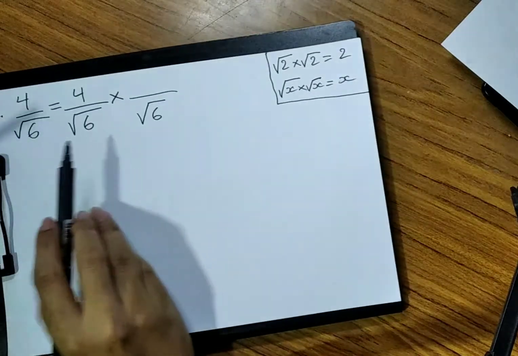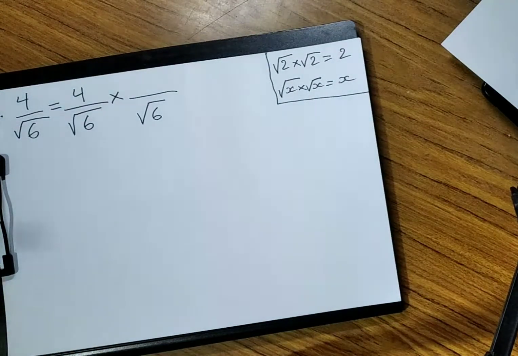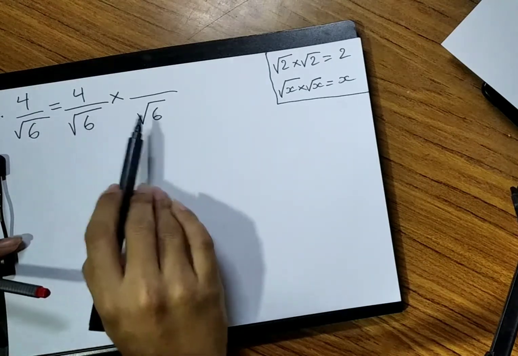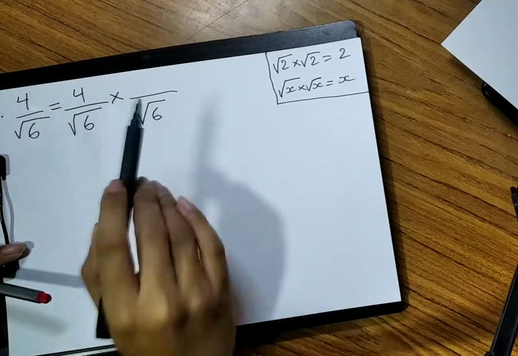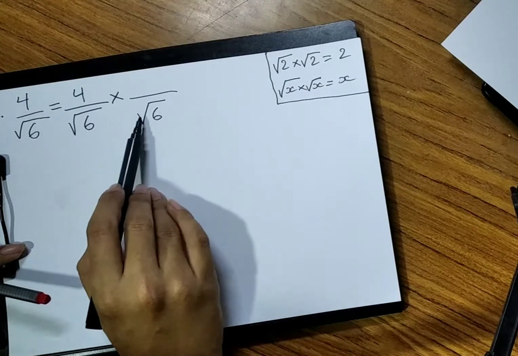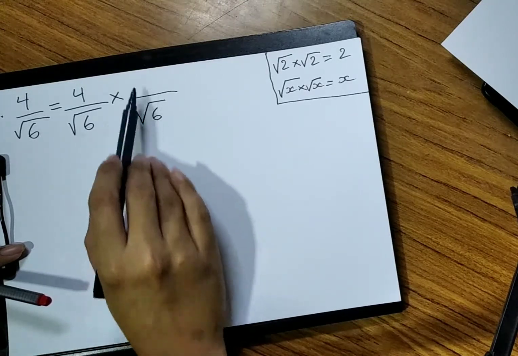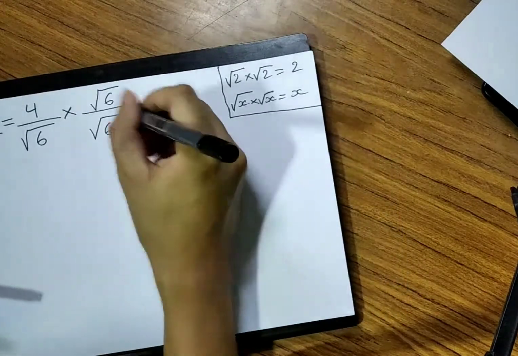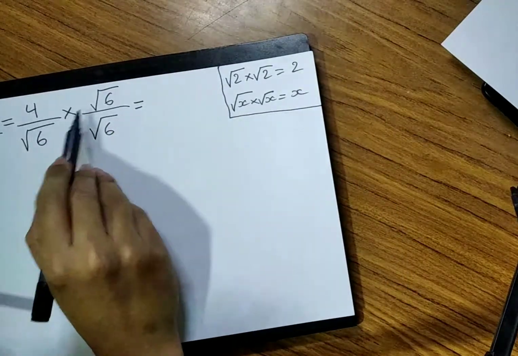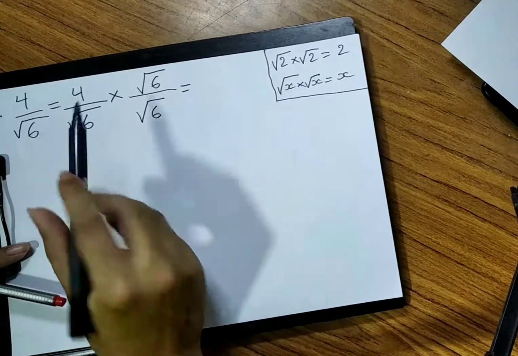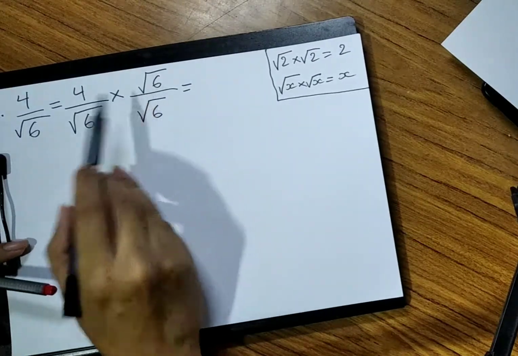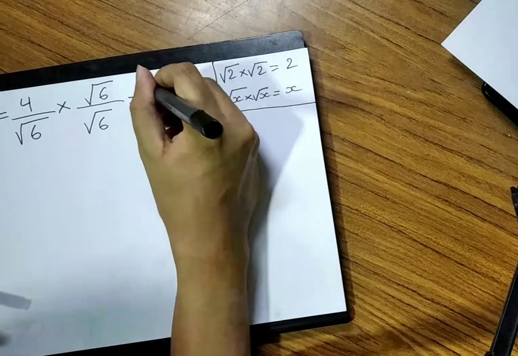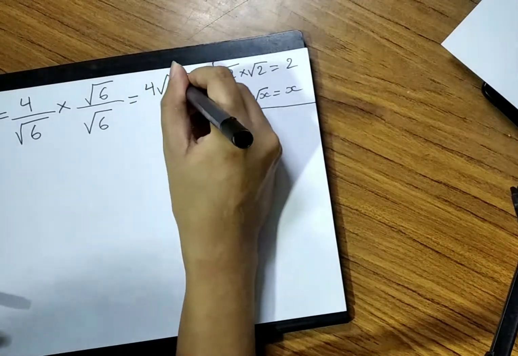So over here, to rationalize it, meaning to remove the surds, we are going to multiply root 6 with root 6. And since we multiply root 6 in the denominator, we will also multiply root 6 in the numerator. So now we have 4 times root 6. It's basically like 4 multiplied by x, which is 4x, so 4 times root 6 is 4 root 6.